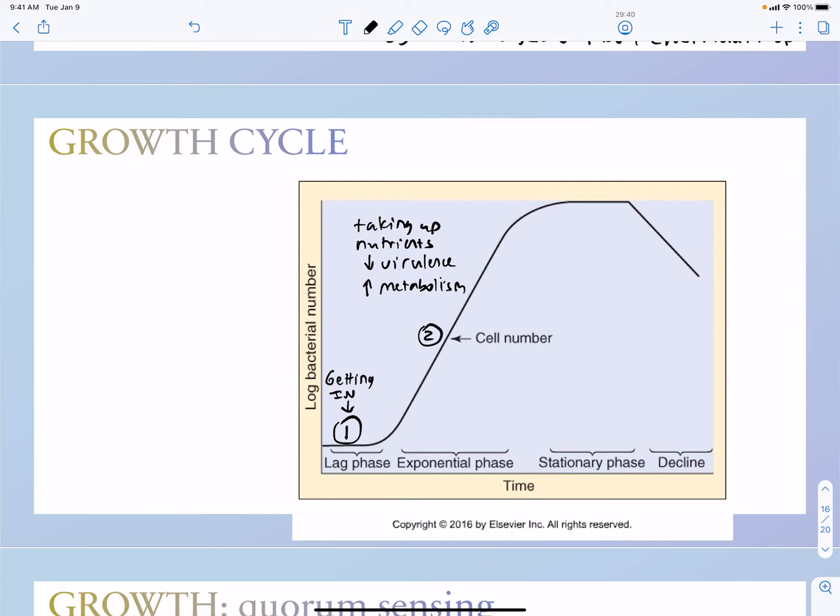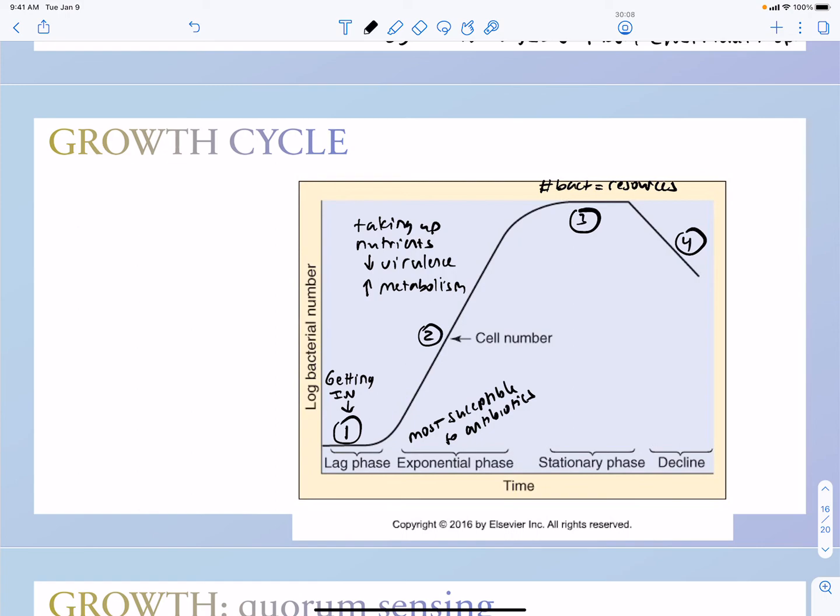Now, the exponential phase is where they're most susceptible to antibiotics. And then you're going to get a plateau phase or a stationary phase where the number of bacteria equals resources. And then you're going to get the death phase or the decline phase.